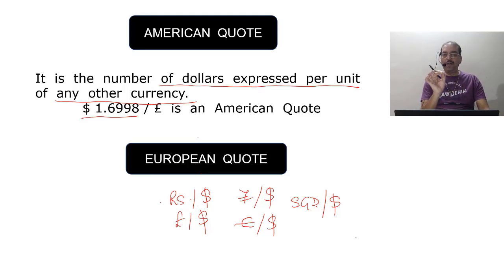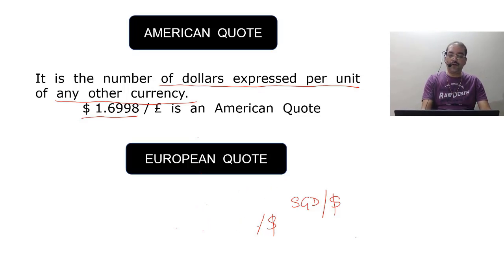So now what do you find? The per unit currency is dollar. Right hand side currency is dollar. So if the left hand side currency is dollar, it is called an American quote. If the right hand side per unit currency is dollar, it is called a European quote. Clear? Rupees to dollar, pound to dollar, yen to dollar, euro to dollar, Singapore dollars to dollar are all examples of a European quote, where the second currency is dollar and the first currency can be any other currency.